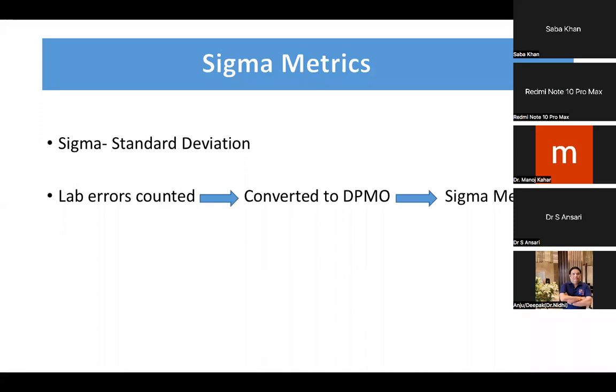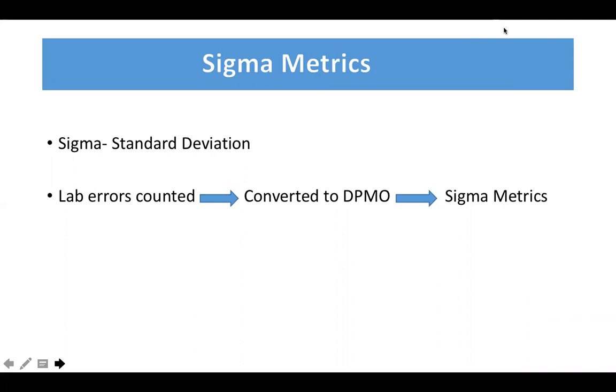To convert 1,000 into a million, you multiply 1,000 by 1,000. Similarly, you multiply 10 by 1,000. So 10 per 1,000 will become how much? 10,000 per million. And there is a scale you will find on the net or in some textbook where you can convert this defects per million opportunities into Six Sigma.